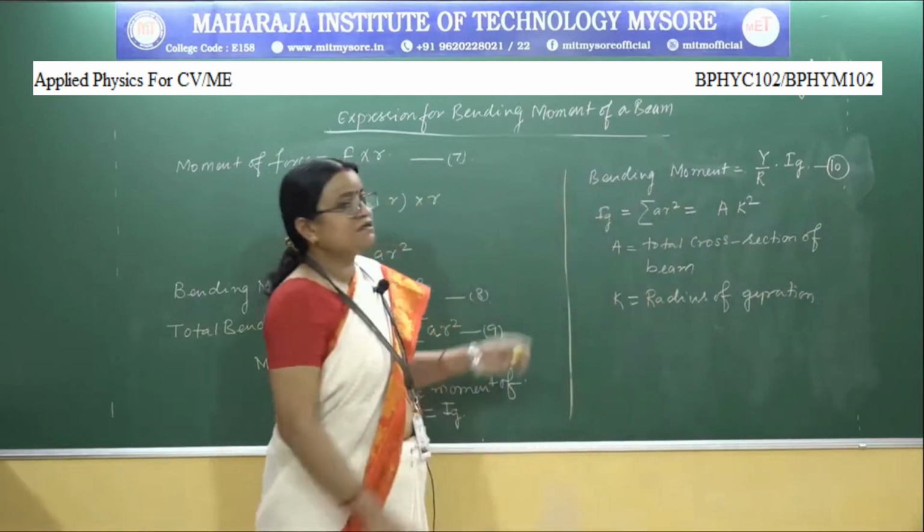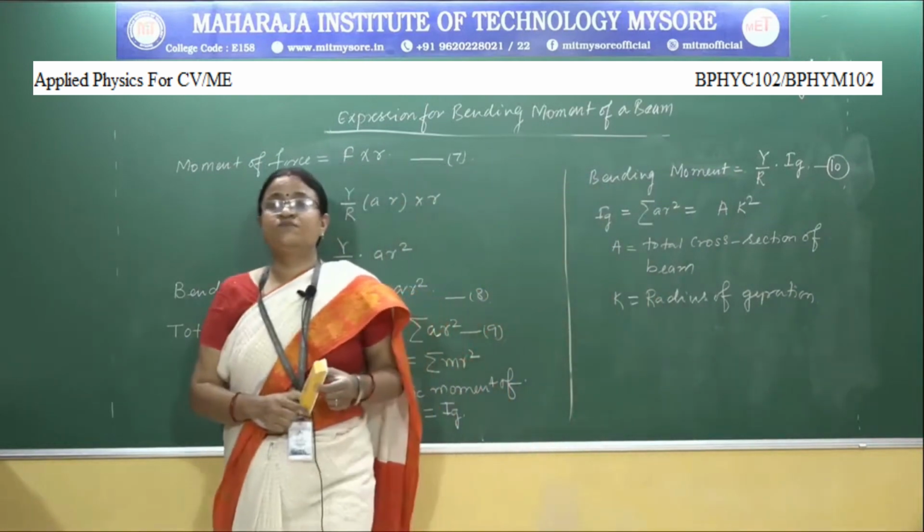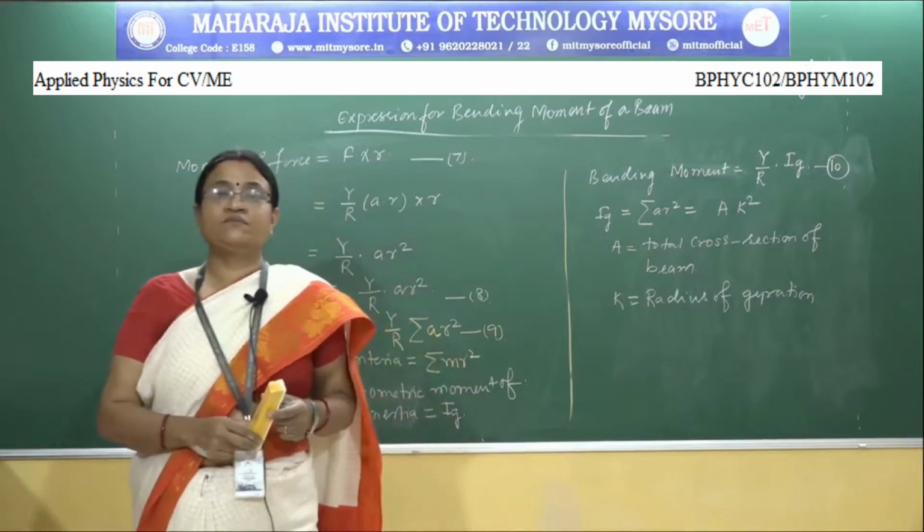So equation 10 is the expression for the bending moment of a beam.